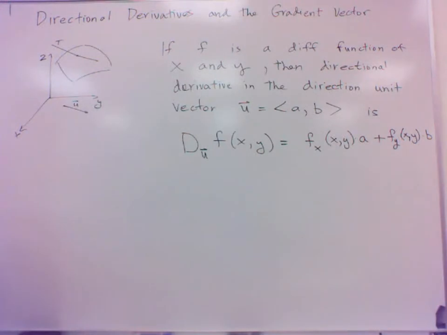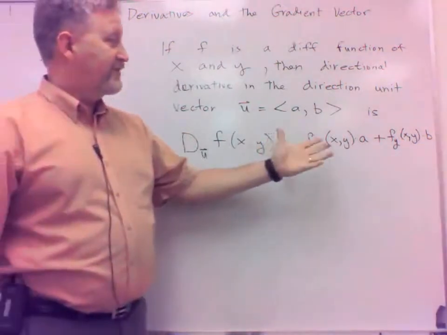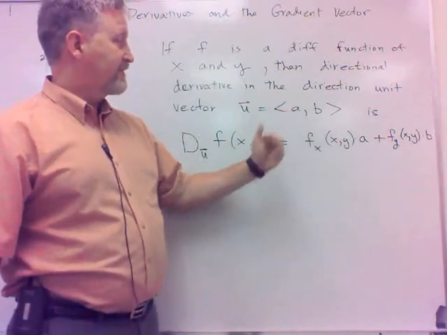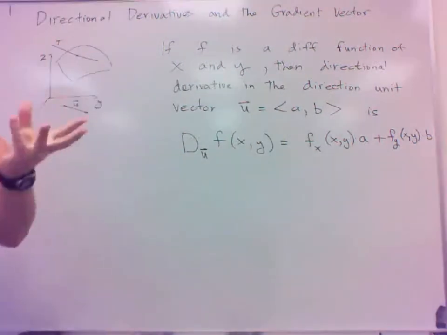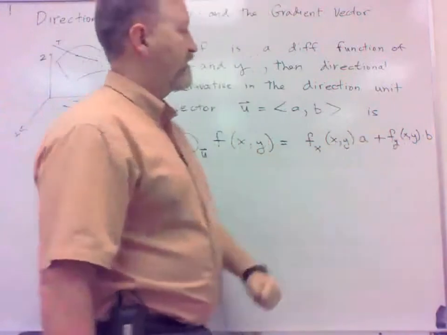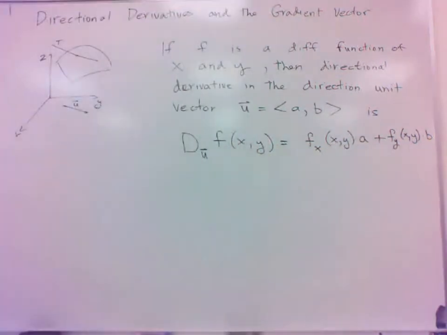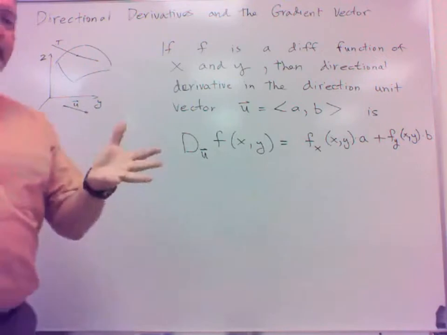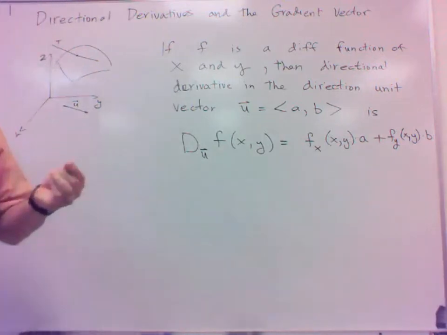So basically what it amounts to is you do the a component times your partial derivative with respect to x, plus the partial derivative with respect to y times the b component.